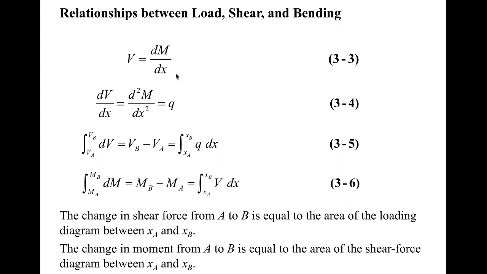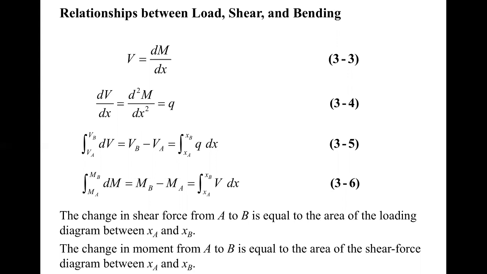In order to find the bending moments, you need to integrate twice, because d2M over dx2, second order, equals q. So you just do integration twice, and you'll find the M. It's not difficult. And then you apply the boundary conditions.